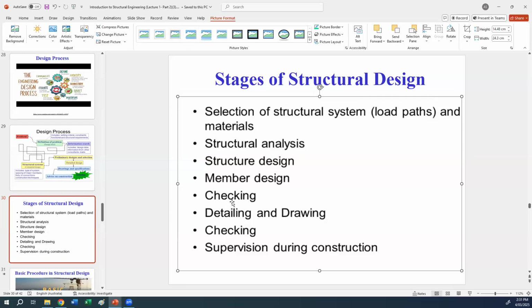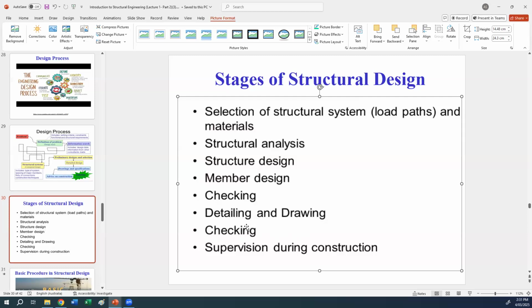After you select the member, you will do your final checking, because sometimes we can make errors or some step was not performed correctly. So you need to do a final check. Then after the design is finalized, you can start producing the drawings and detailed drawings.